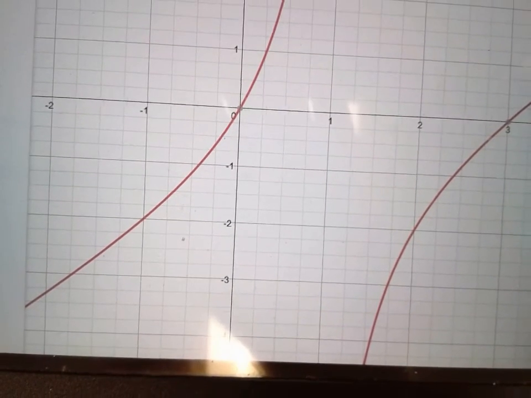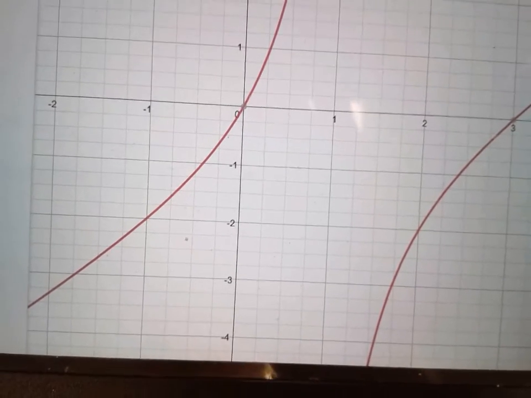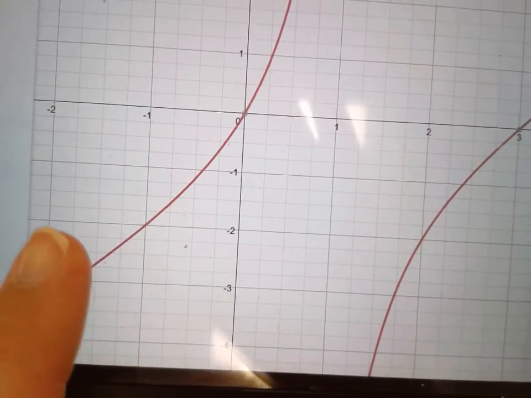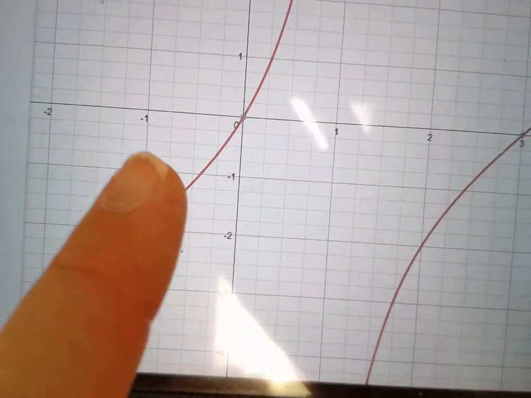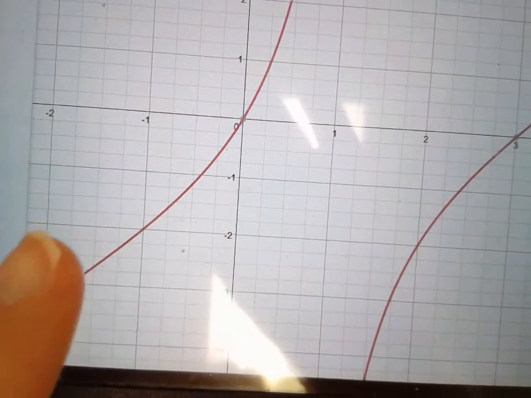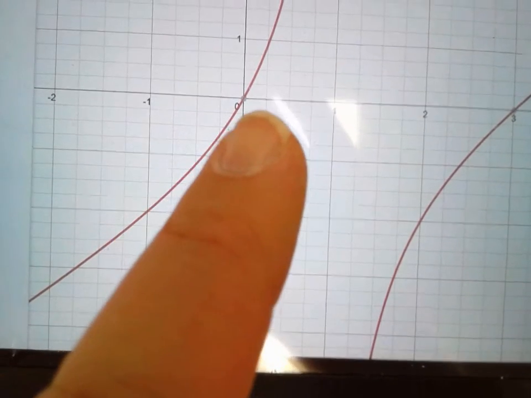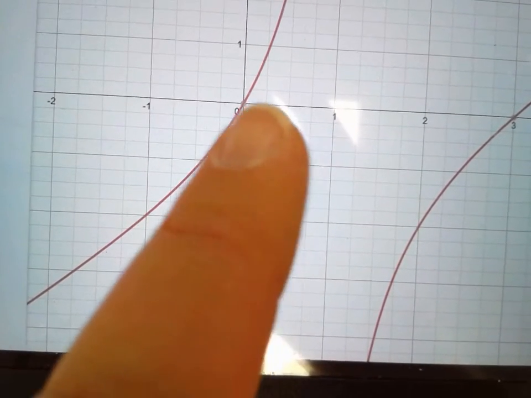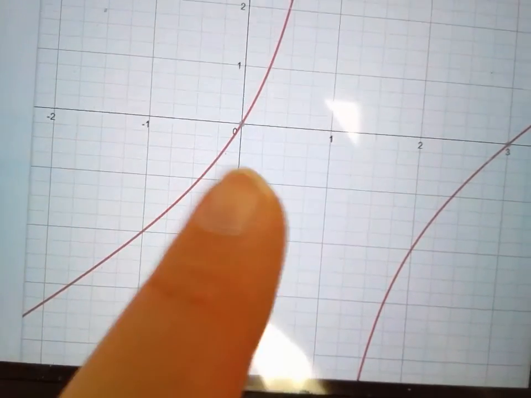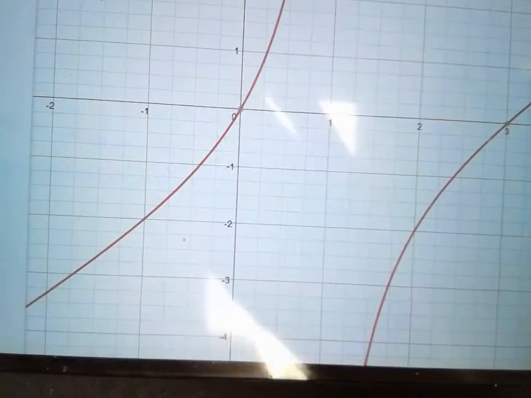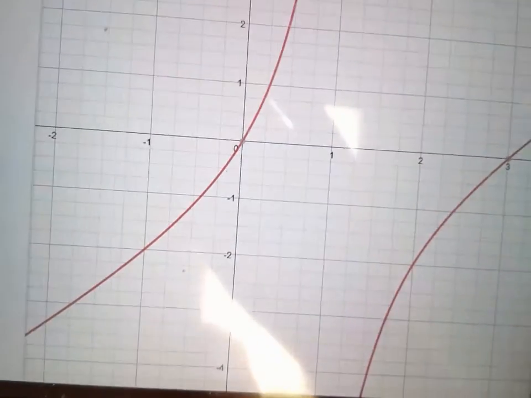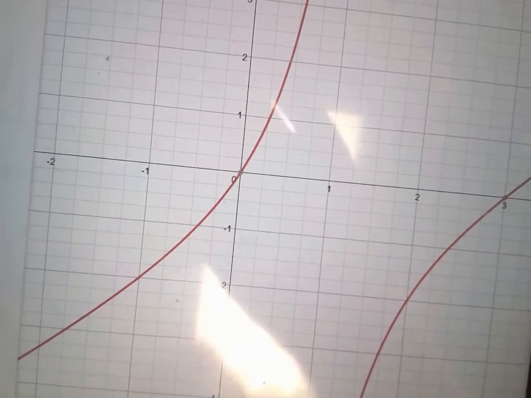As I'm approaching 1 from the left, it looks like my y values are getting closer and closer to 0. If I would have plugged in fractions between 0 and 1, I would have noticed my y values kept getting higher and higher, going to infinity.